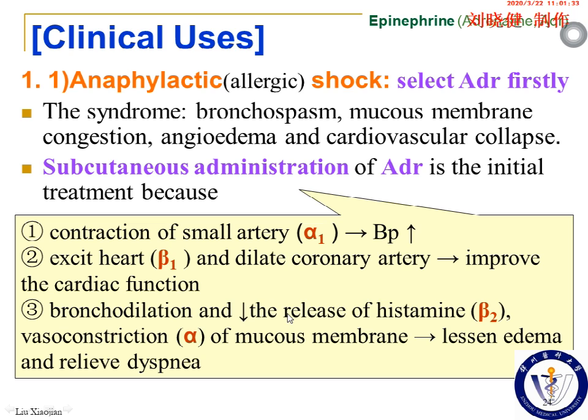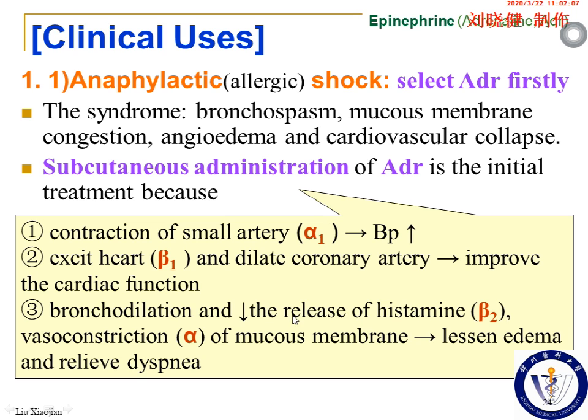It can also activate beta-2 receptor. Here it has two results: bronchodilation, because of beta-2 receptors in the smooth muscle of the airway. This activation of beta-2 is also very helpful to decrease the release of histamine. Do you know this substance? It is an important allergic mediator in allergic reactions.